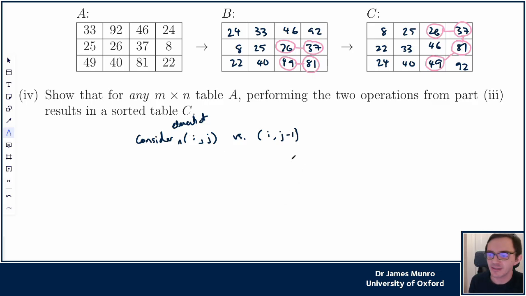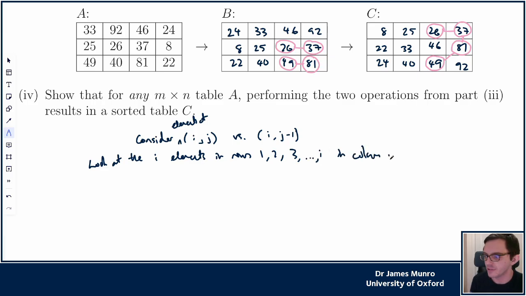So here's the plan. Look at the elements in rows 1, 2, 3 up to i in column j. These are the things like 37 and 81 over here.